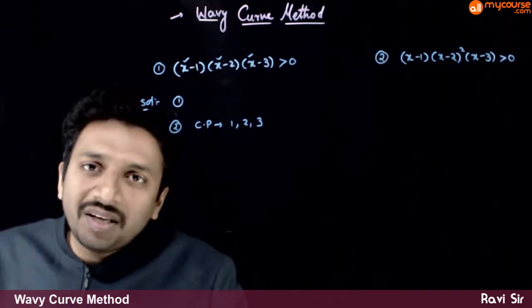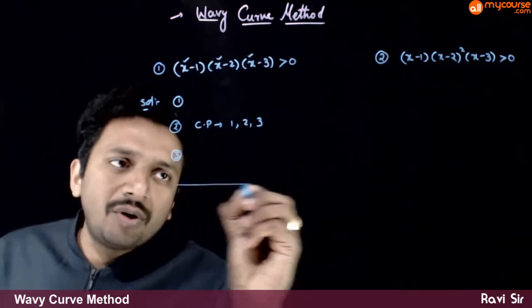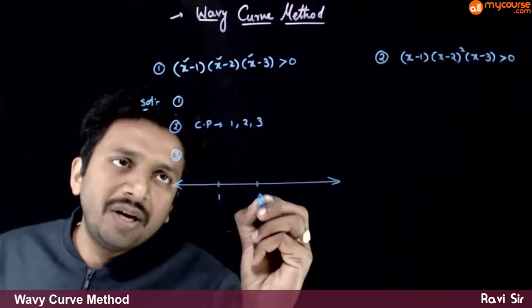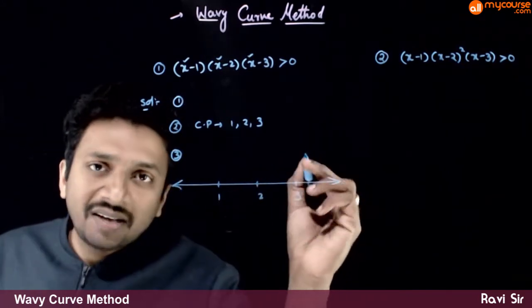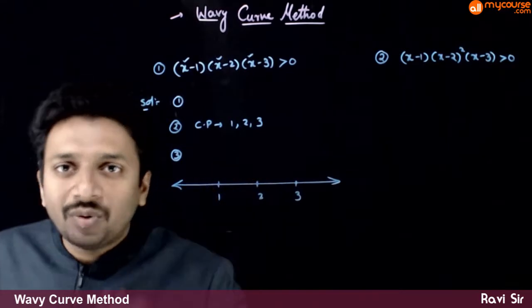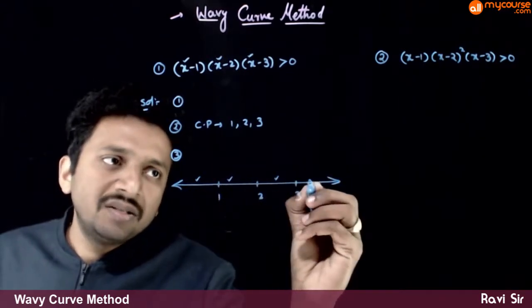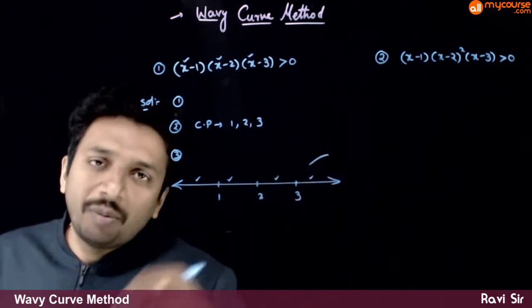Once you identify the critical points, we go to our wavy curve where we draw the real number line and mark the critical points on it. We start from above the x-axis on the rightmost interval. You have 4 intervals, so in the rightmost interval, we start from the positive direction, that is, from the top.